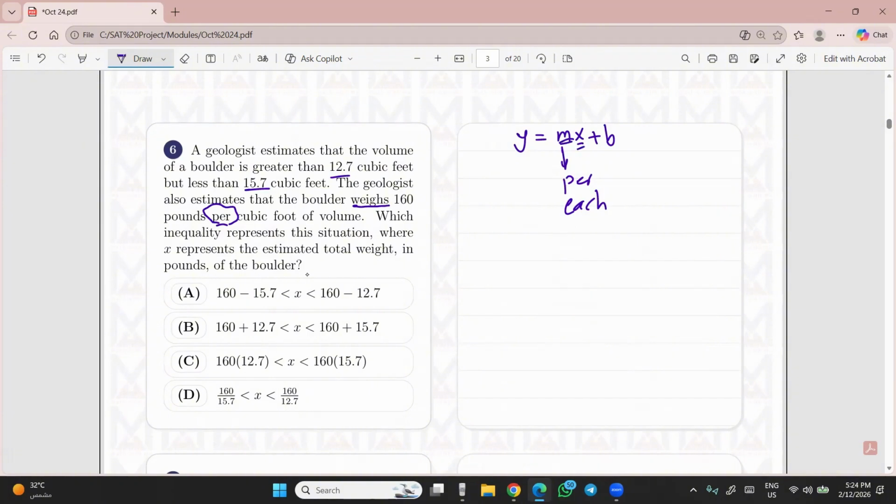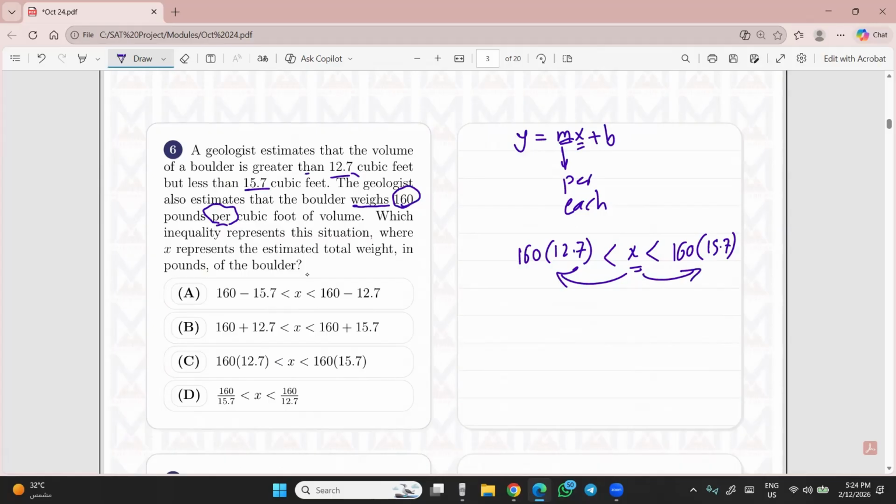So we can say the weight of 160 should be multiplied once by 12.7 and once by 15.7. So we need to write it like this: 160 multiplied by 12.7 first, and then 160 multiplied by 15.7, and x is something between them, because x is greater than this and less than this.